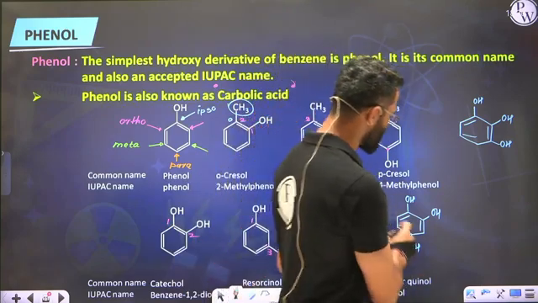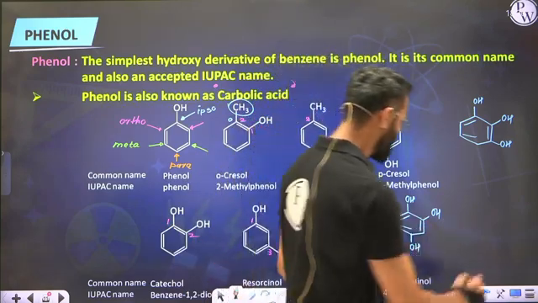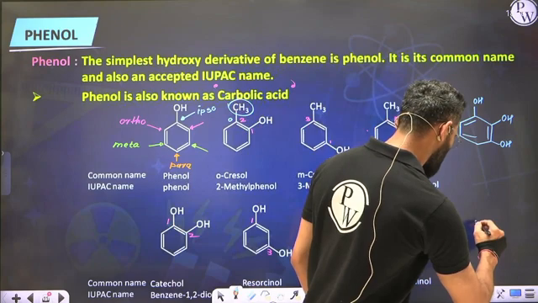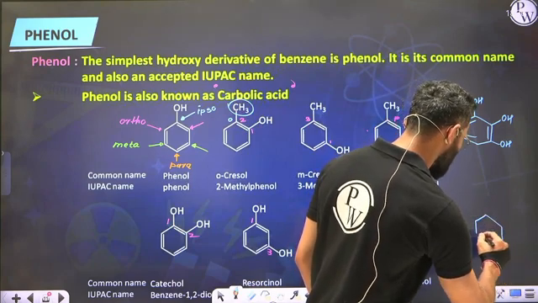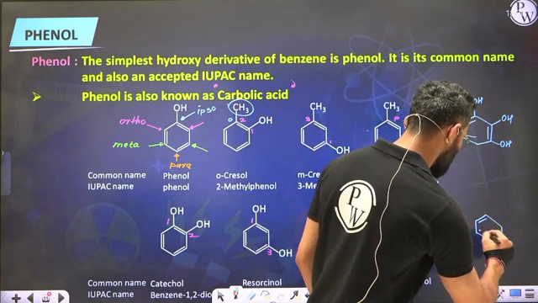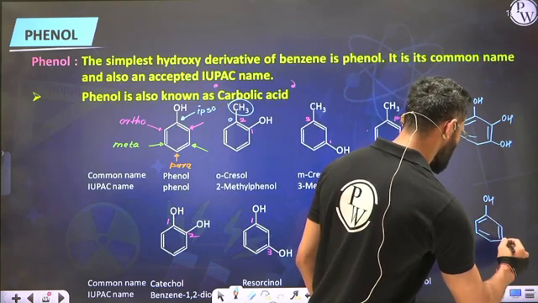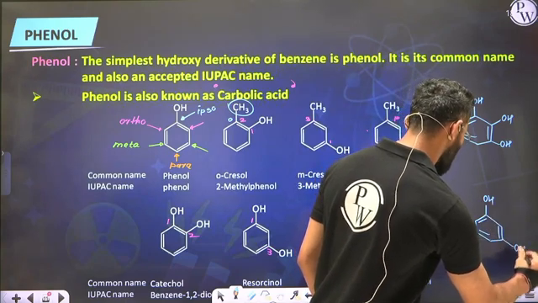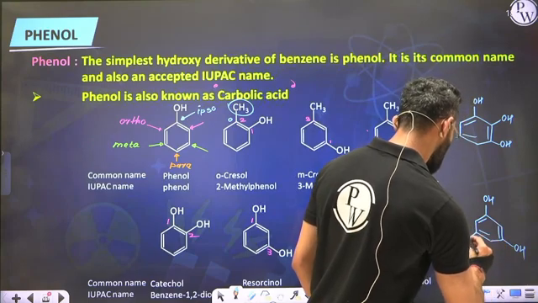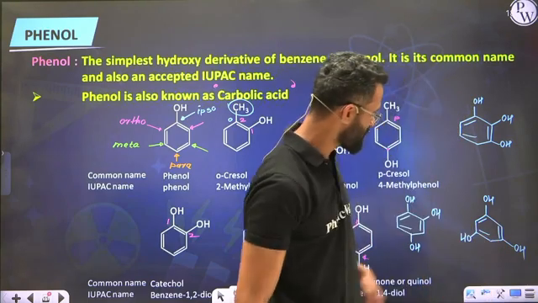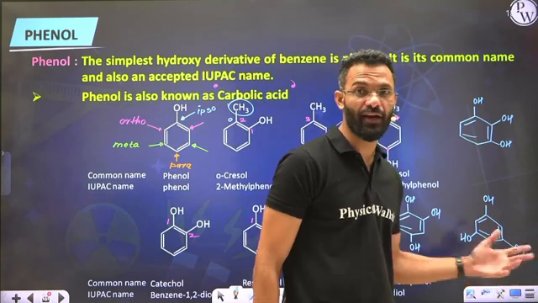So you can say benzene 1, 2, 4 triol. And now if I put all the OHs alternate to each other, this is OH at first, OH at third, and OH at fifth. So this is benzene 1, 3, 5 triol.